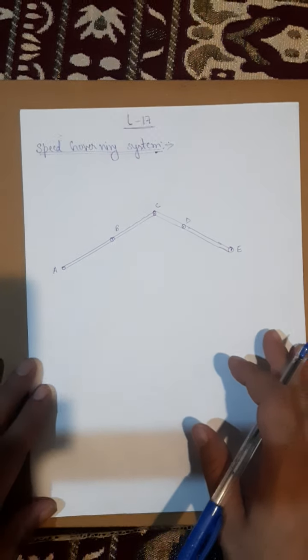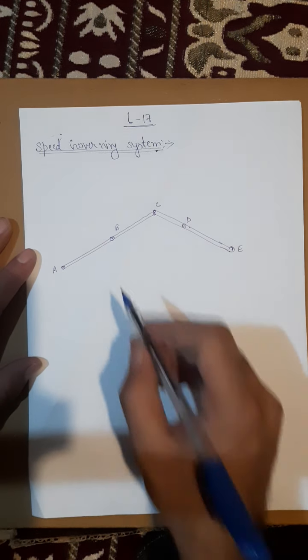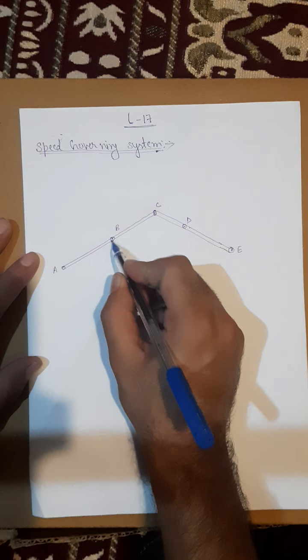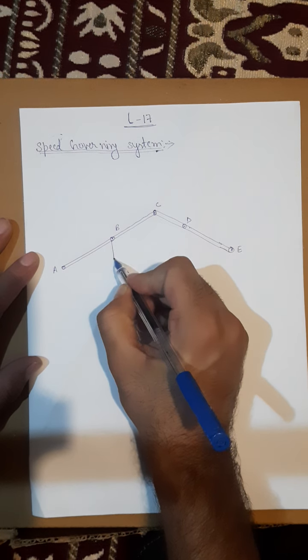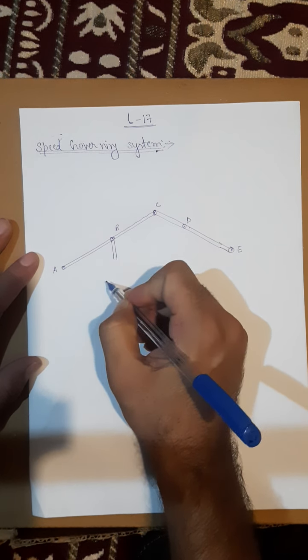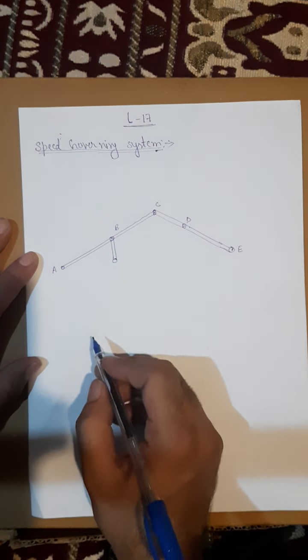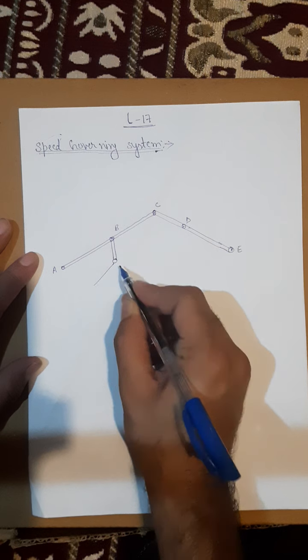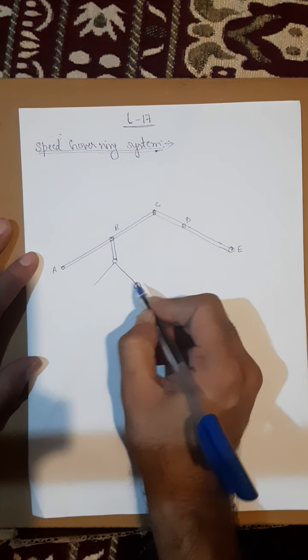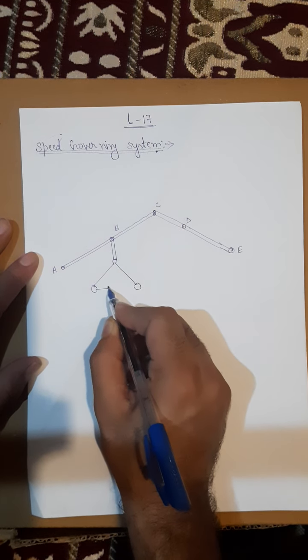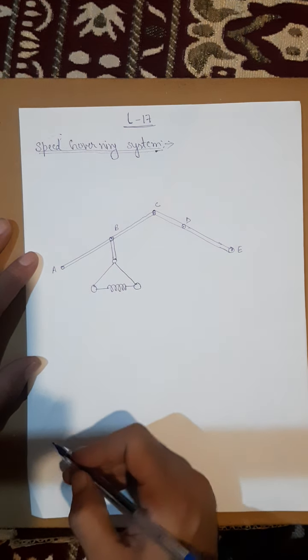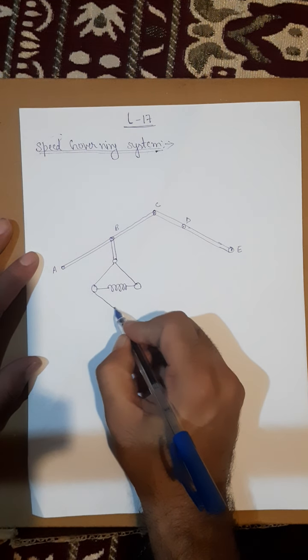At point B, I have a fly ball system installed. The fly ball system is like this. Fly ball means I have two iron or metallic balls, and they are connected here with a spring.